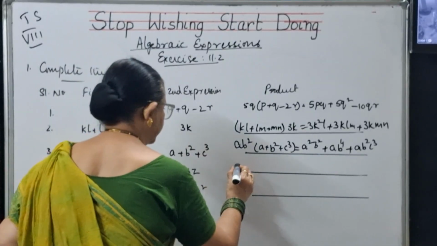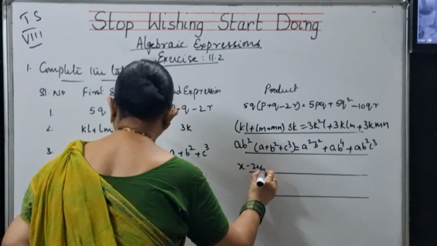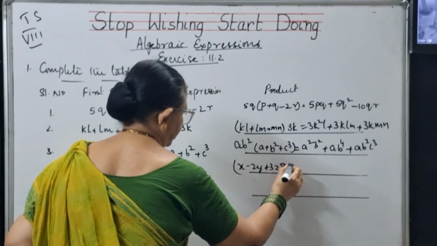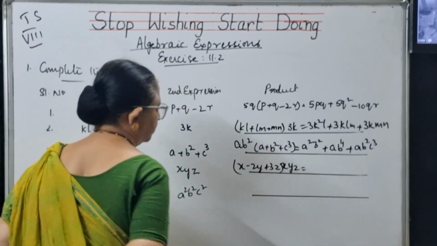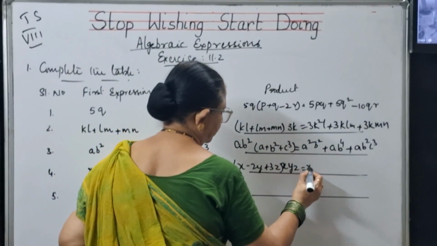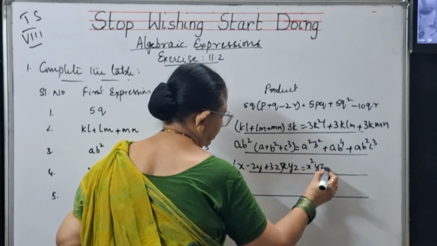So next one, x minus 2y plus 3z into xyz. So here x into x is x square yz.